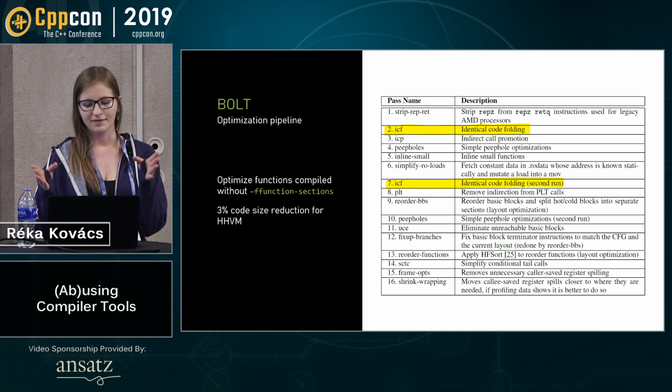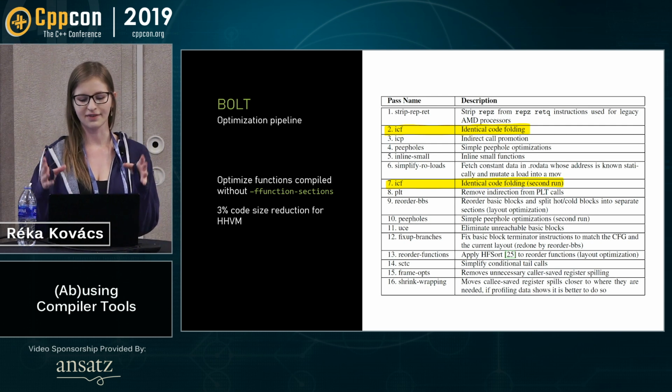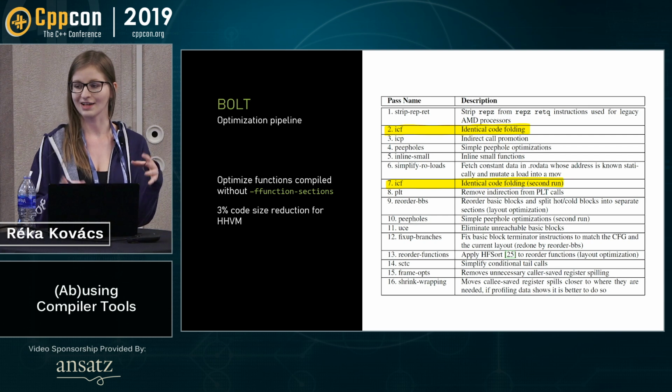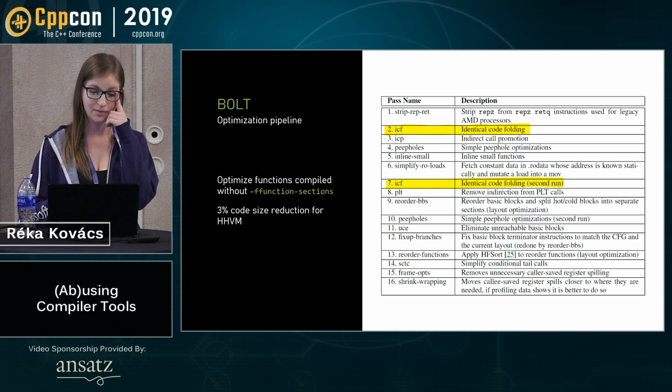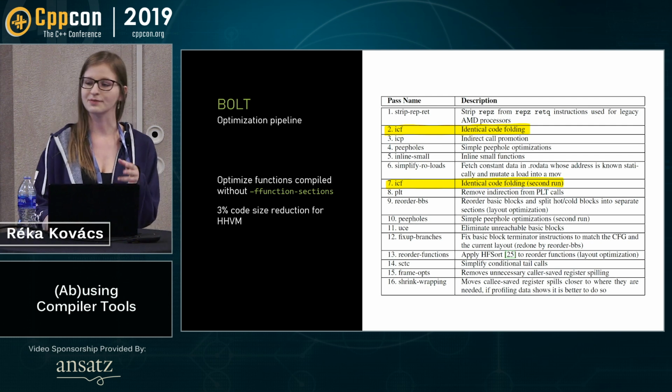But for code that didn't have that flag, Bolt can still find those duplicates and remove them. And it made a 3% code size reduction for the Facebook service.